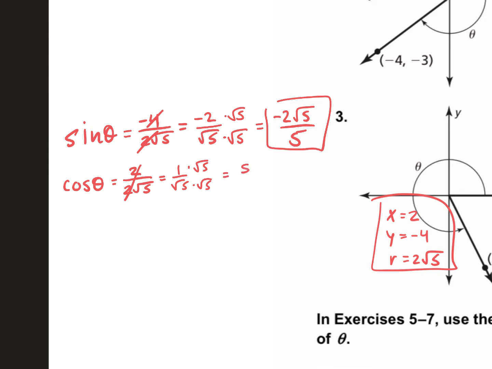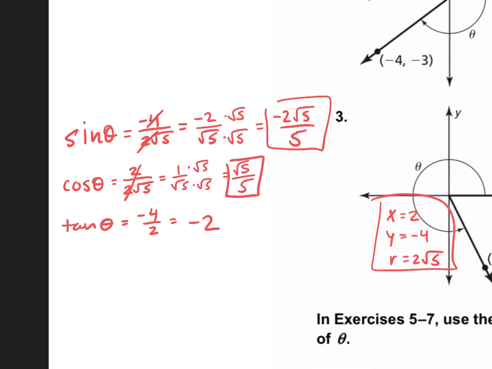So we get square root of 5 over 5. Next, let's find our tangent. Tangent's what over what? Y over x, so negative 4 over 2. What does this simplify to? Negative 2.